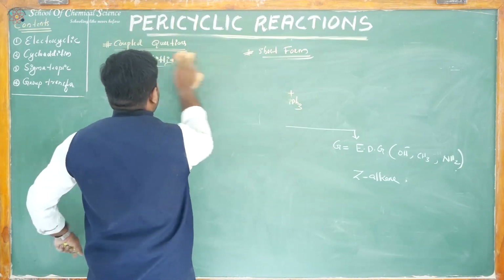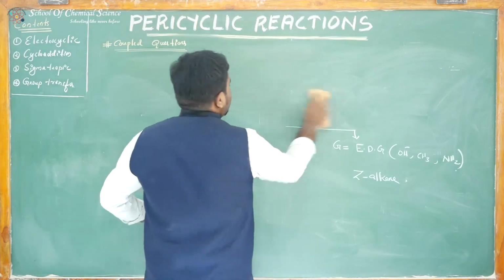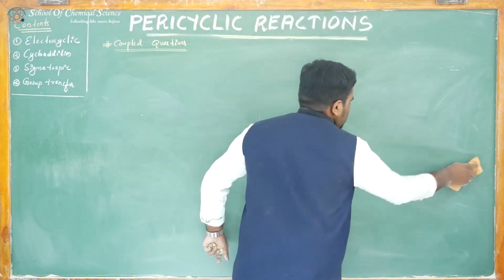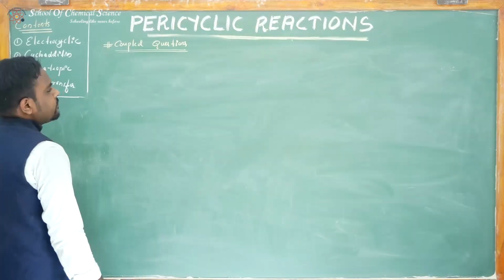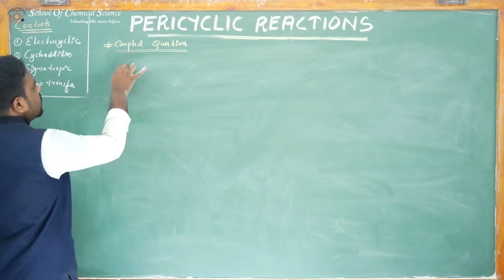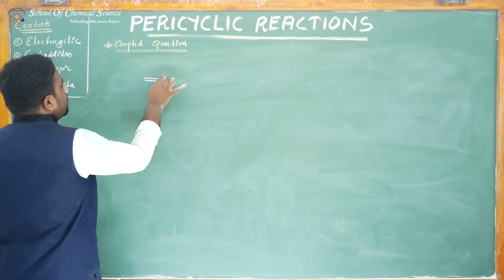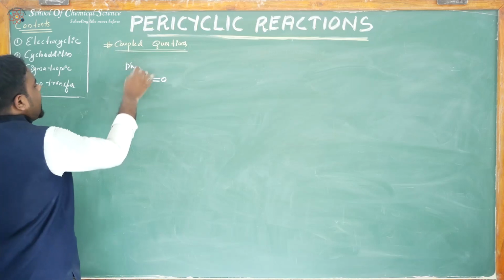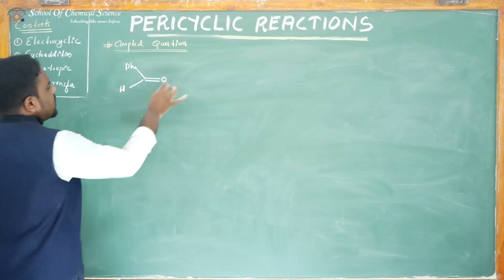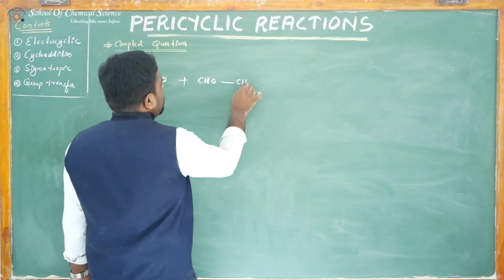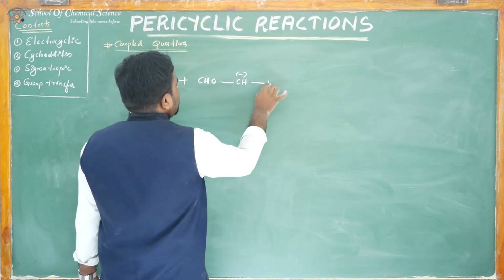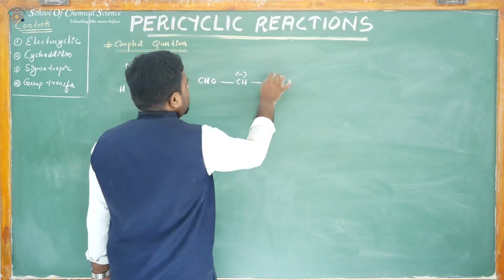G is an electron withdrawing group, E-alkene. Okay. PhCHO reacts with the ylide CHO–CH⁻–PPh3⁺.